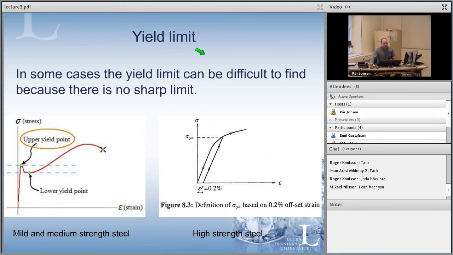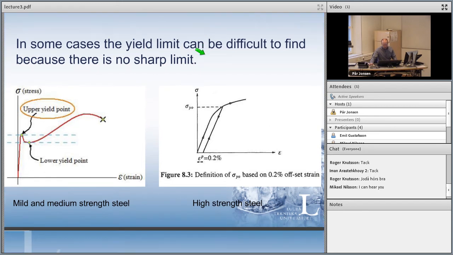You just set the point: this is my yield limit for this material. Just to have some standard to know where you put it. So these are the typical responses that you can see if you work with metals, for example. I guess you have seen this before.